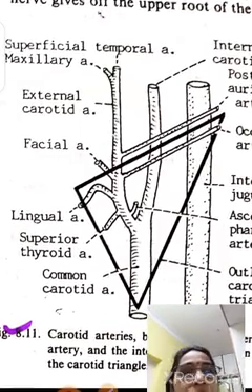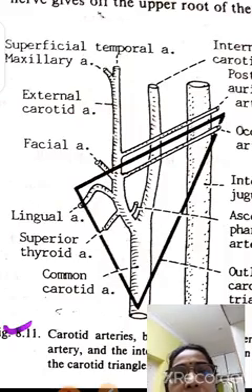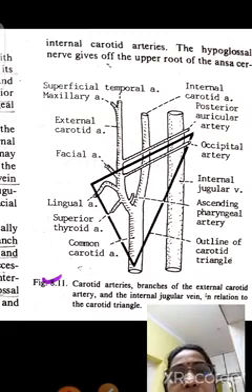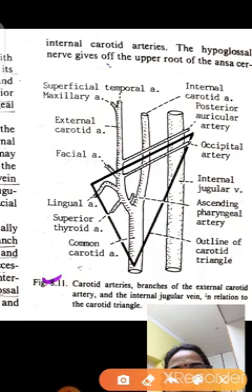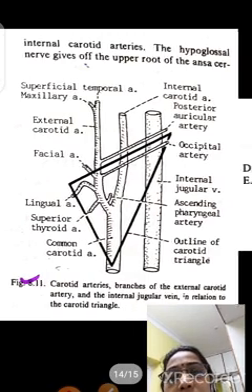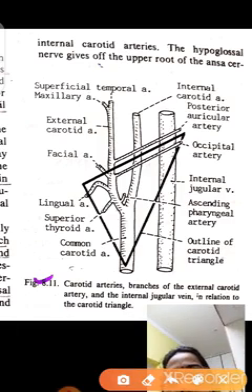Here you can see the various arteries present in this triangle, such as the ascending pharyngeal artery. First the common carotid artery, and then its branches, the external carotid artery and the internal carotid artery.